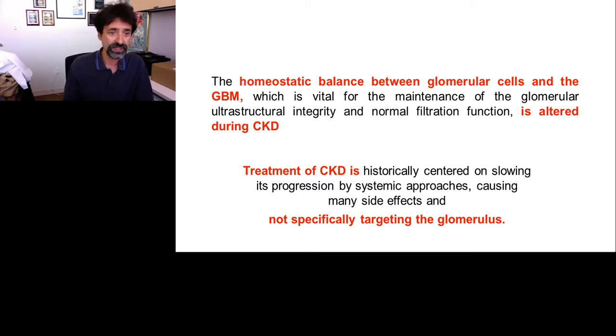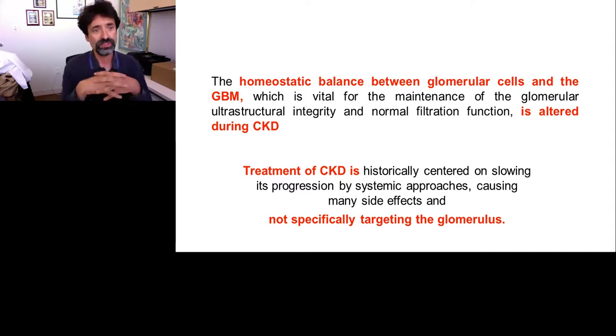The treatment of CKD has been historically focused on slowing its progression by systemic approaches that cause many side effects and are not specifically targeting the glomerulus, that, as we just saw, is the main functional unit of the kidney.